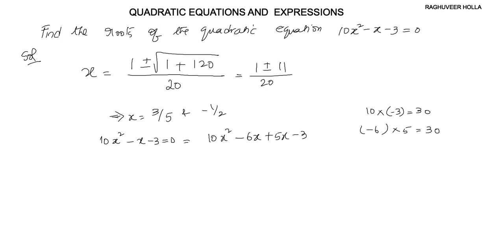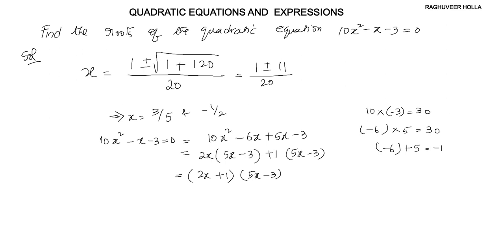So we have minus 6 plus 5 is minus 1. So this is equal to 2x into 5x minus 3 plus 1 multiplied by 5x minus 3, which is equal to 2x plus 1 and 5x minus 3.